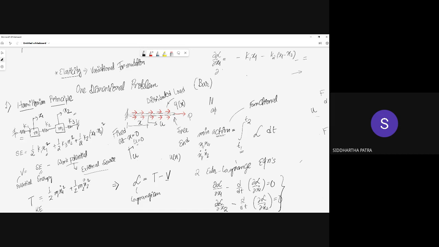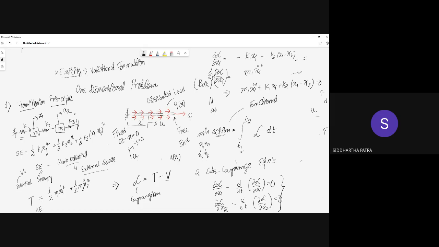And then we can do x1 dot, and that would give us m1 x1 dot, and a time derivative on that one will give us m1 x1 double dot. That would essentially tell us that m1 x1 double dot plus k1 x1 plus k2 (x1 minus x2) equals 0.